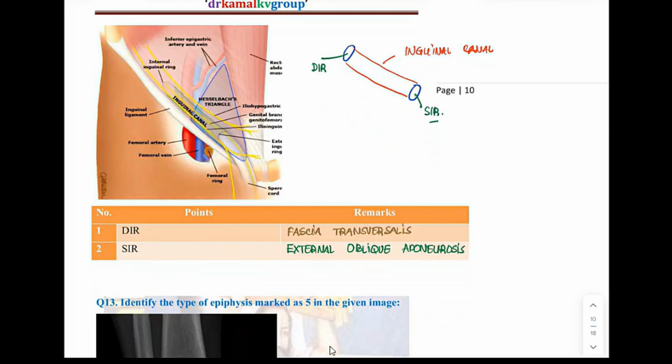Fine. So just remember these structures: this is the deep inguinal ring, this is the superficial inguinal ring, and especially in males, this is how the spermatic cord comes out. Okay, so this is the inguinal canal, and the spermatic cord comes out like this.